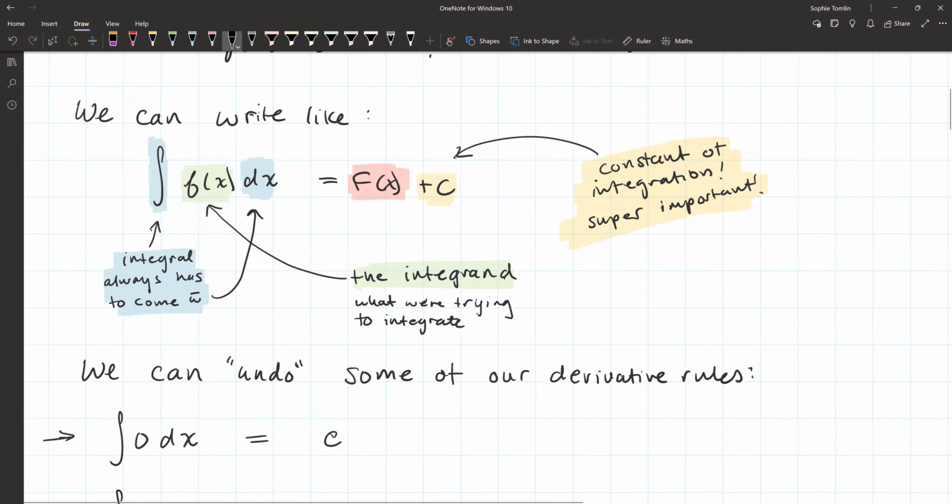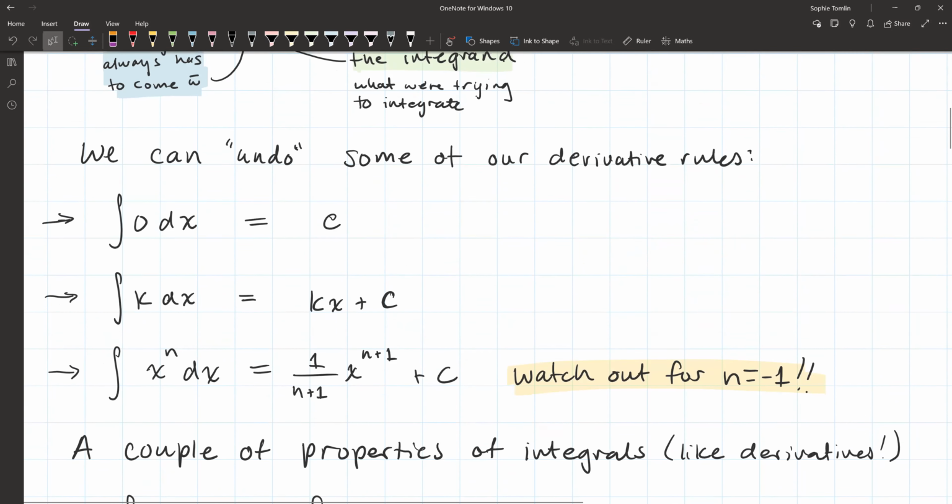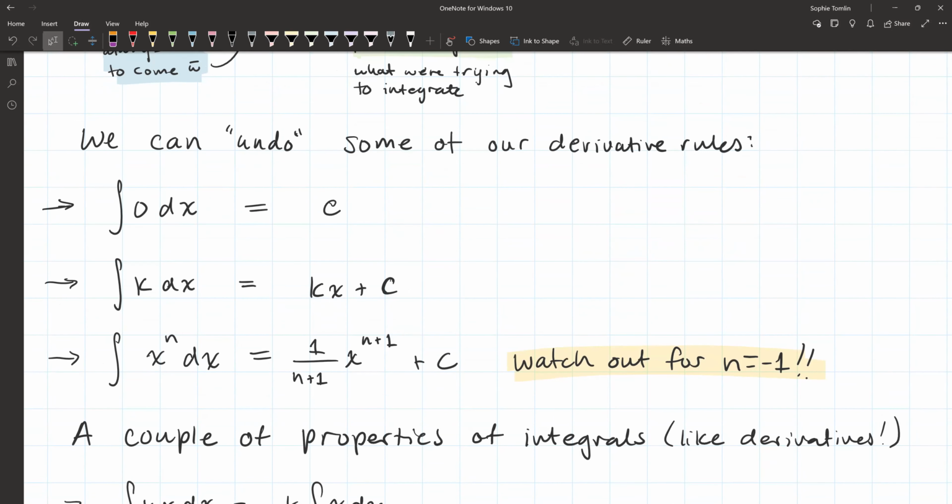So some ways that we can go about integrating would be to kind of undo some of our derivative rules. When we have 0 and we undo that, we get a constant. Or if we just have a constant k in this integral, then we get kx plus our constant c. If we differentiate kx plus c, this c turns into 0.